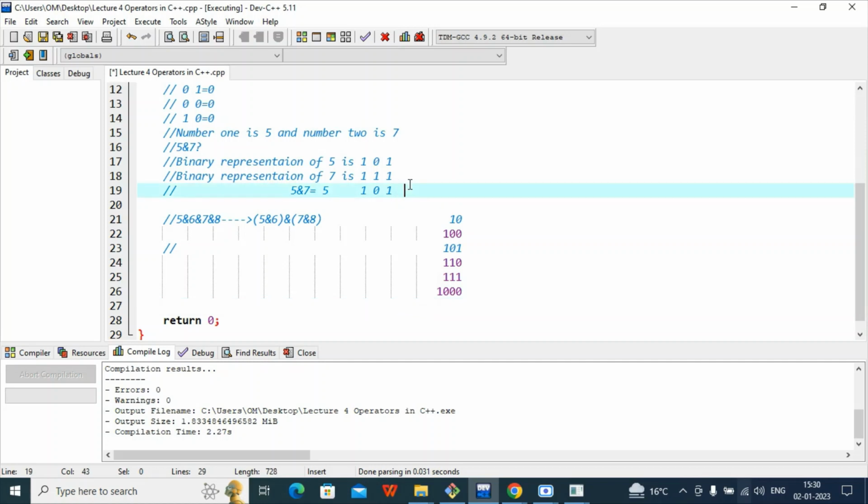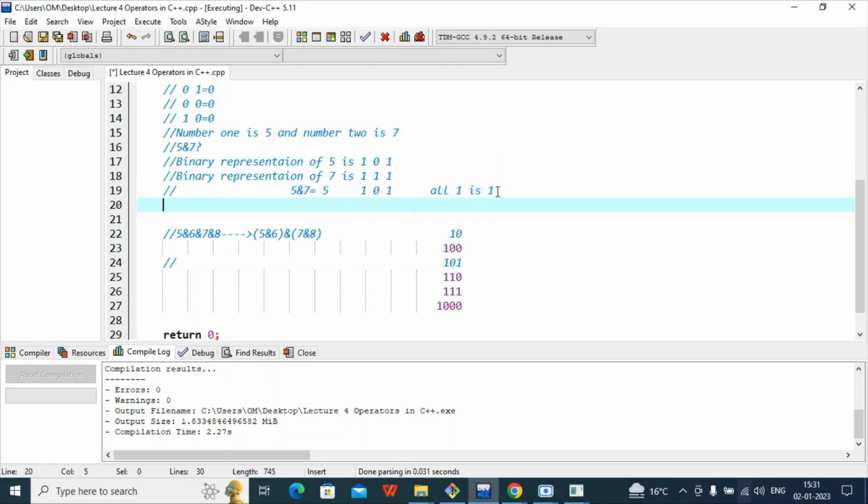This is a trick which will make you feel comfortable every time with these questions. All 1 is 1. Note this down. Any 0 is 0. This is the simple trick. Cool? All 1 is 1. Any 0 is 0.